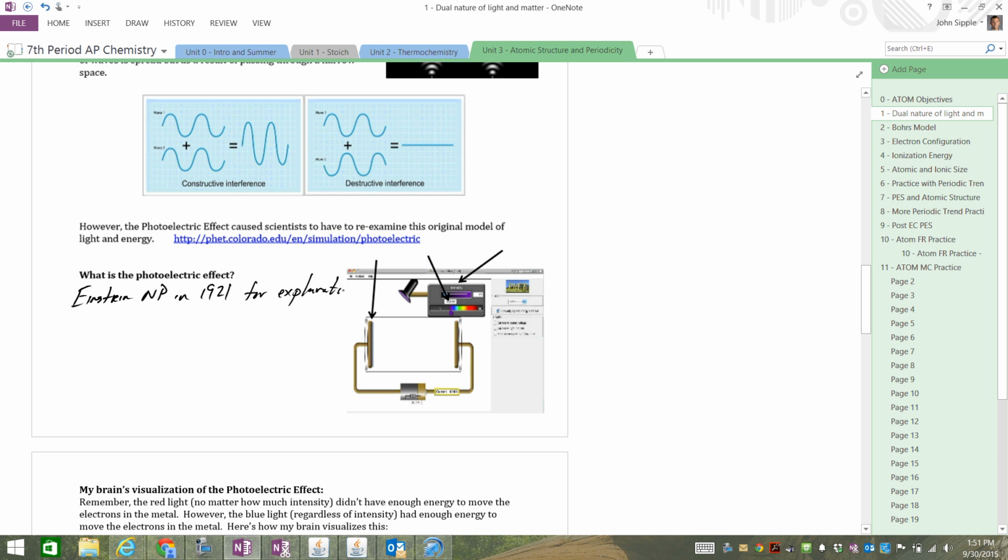You don't need to know that, but I'm just throwing it in there. Basically, the photoelectric effect is the observation that many metals emit electrons when light shines on them.